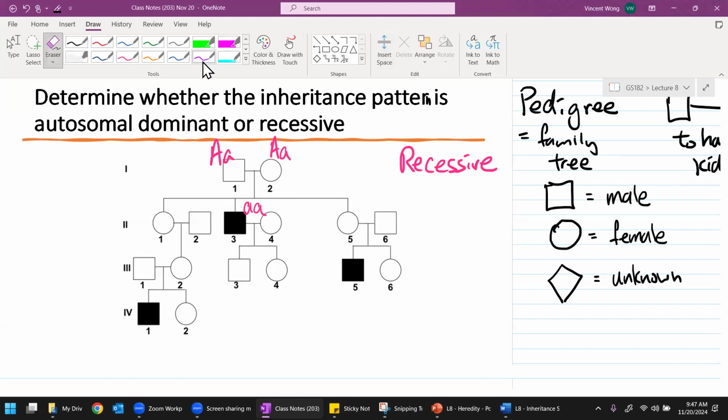But just to be sure, let's try to explain this with dominance. Watch and listen. This is very important for you to get that question right on the test. If this is a dominant inheritance pattern, what can you say about individual 2, 3? What must his genotype be?